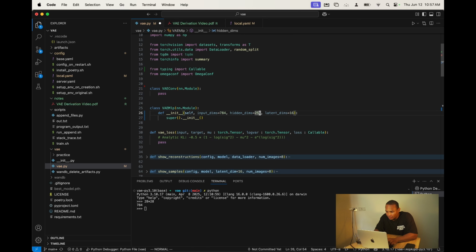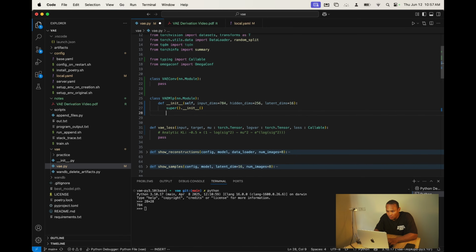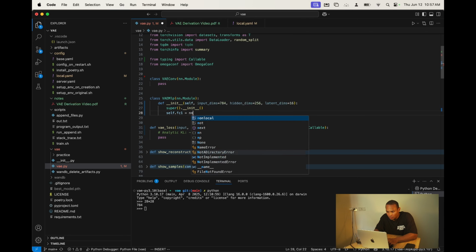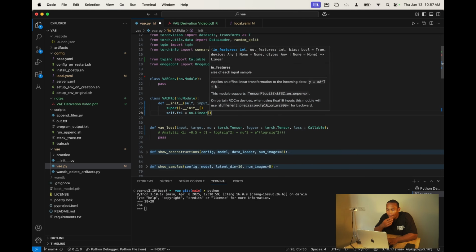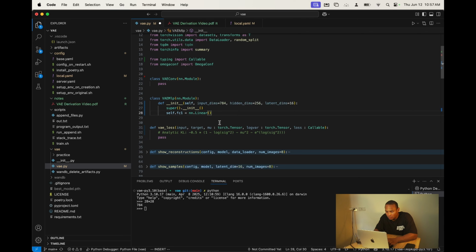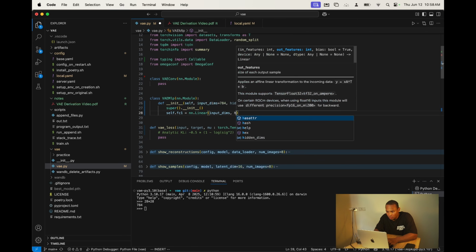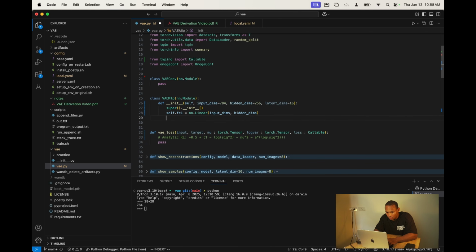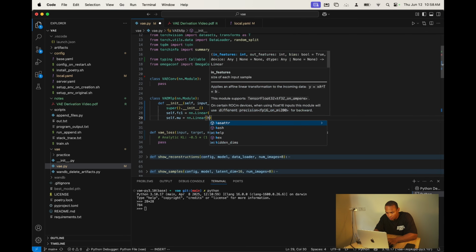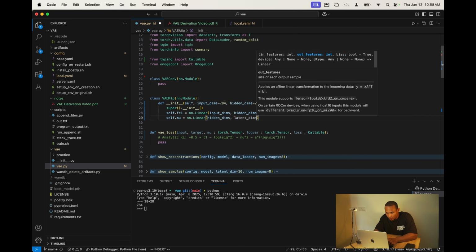Say 256, 16. Then linear, input to hidden, and hidden to latent.